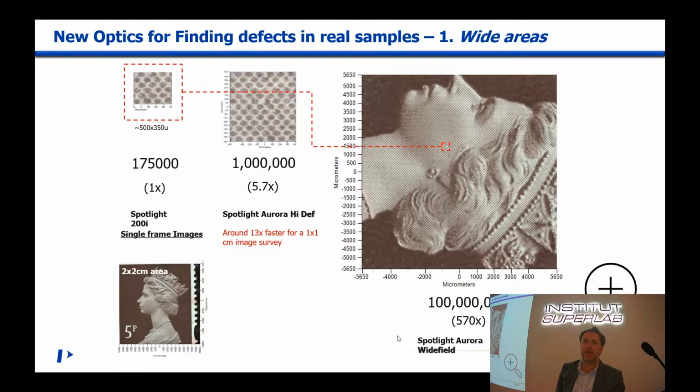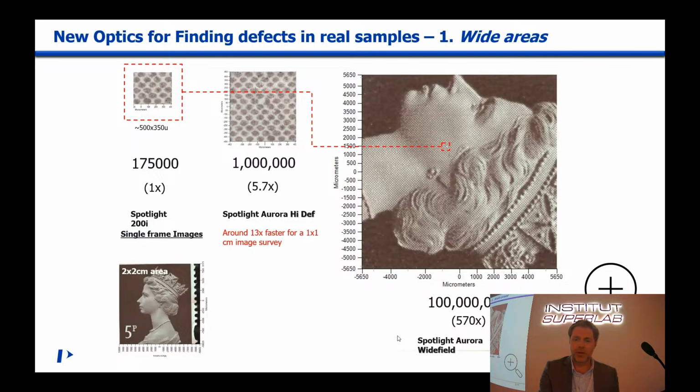Then we say, we've identified a blemish on her cheek. Then we use a high definition camera, so we have 2 of them, to look at that blemish. You can actually see in the top left box, there's a bit of a gap between 2 of the dots on the stamp. That is the blemish that you can see at high level. So what that means is that it's actually 13 times faster for you to identify problems.